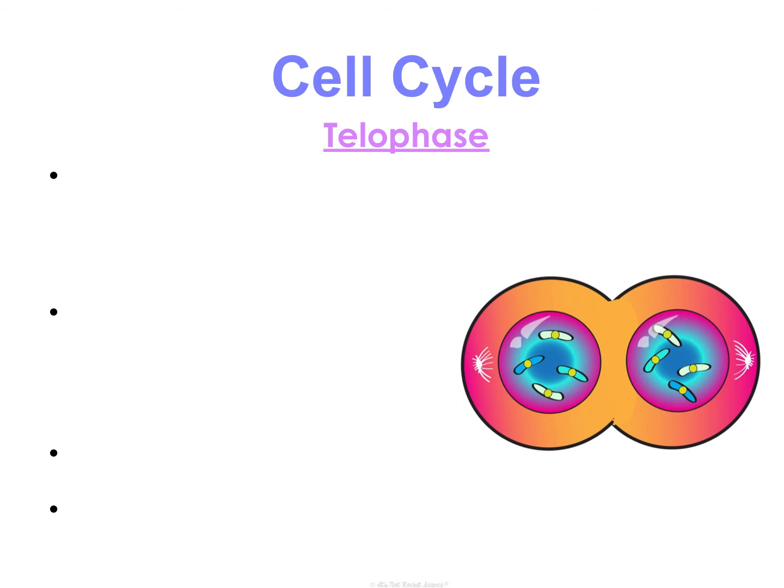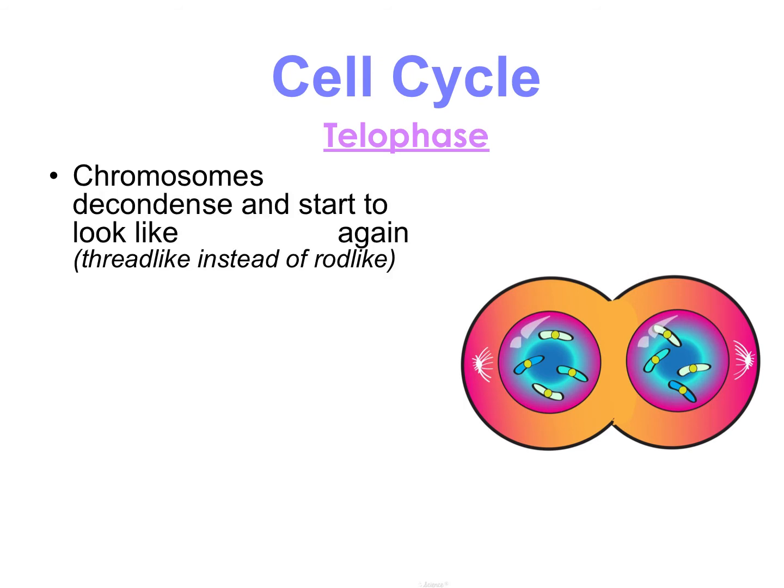The last phase we have of PMAT is our phase telophase. Our chromosomes are decondensing and starting to look like chromatin again. So chromatin is what our DNA is normally in, and it is this thread-like or rod-like. I like to think of it as a ribbon.